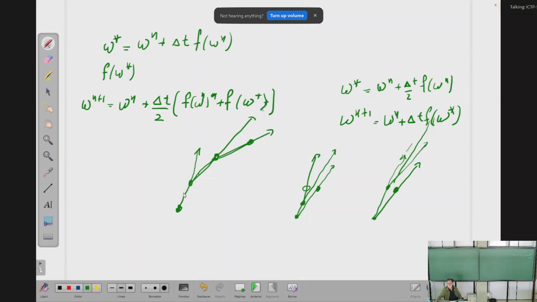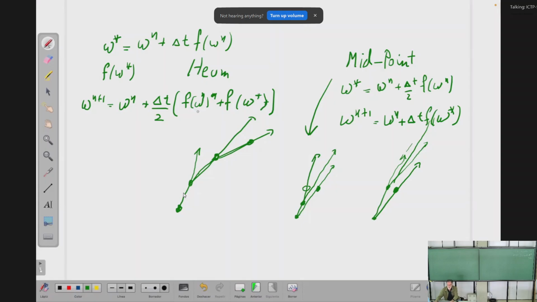Okay? So the first one is called midpoint. And this here is called Heun, the name of the guy that invented it.